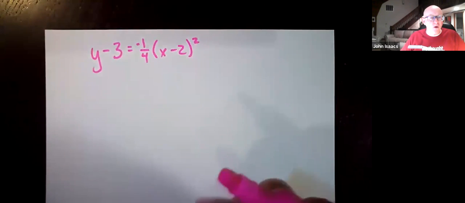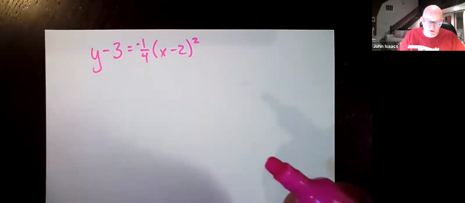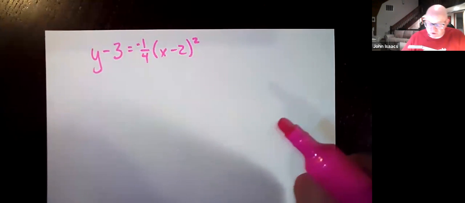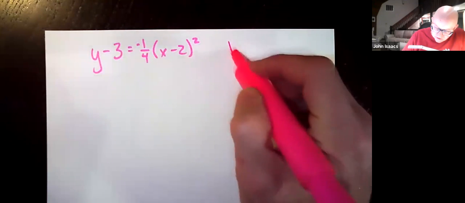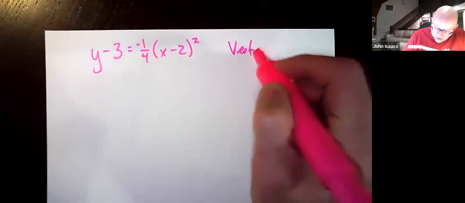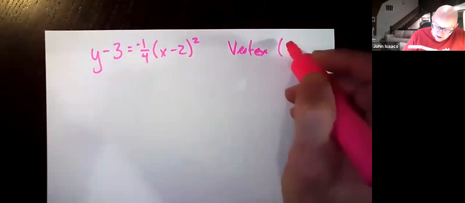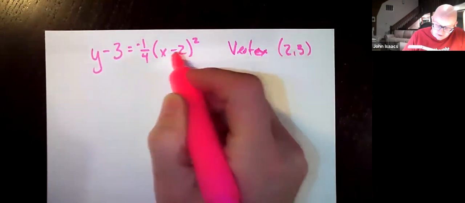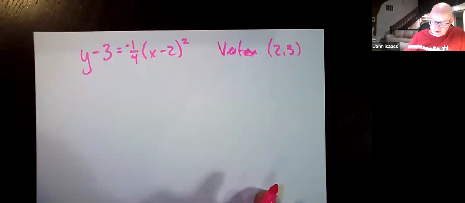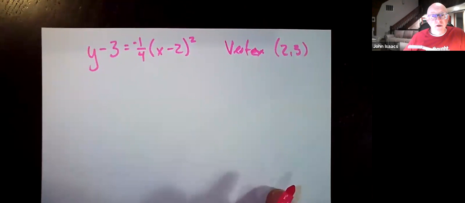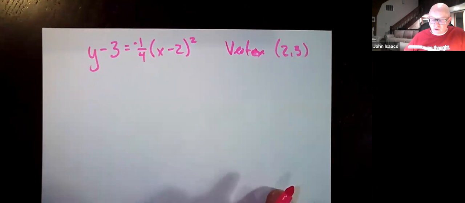Now, one way to graph is to do a table of values, but I'm going to choose to understand that we have a vertex. So the vertex here is going to be (2, 3). I have negative signs in both parts of the equation, so I have (2, 3). And then I have to get another point, and I'm going to use the axis of symmetry to get another point.